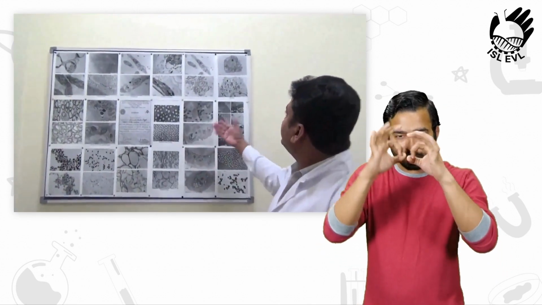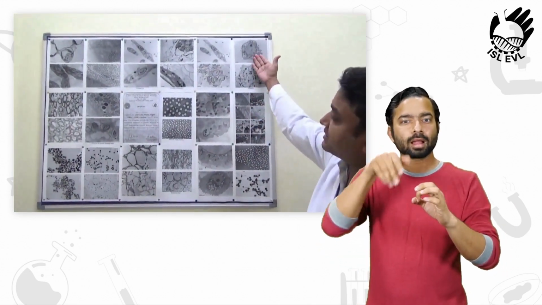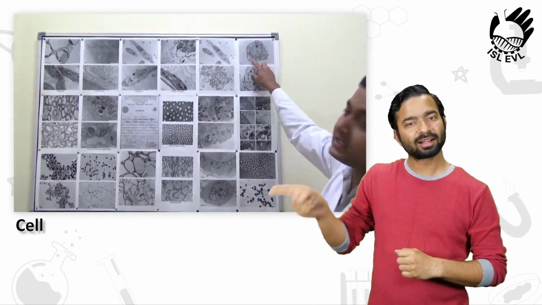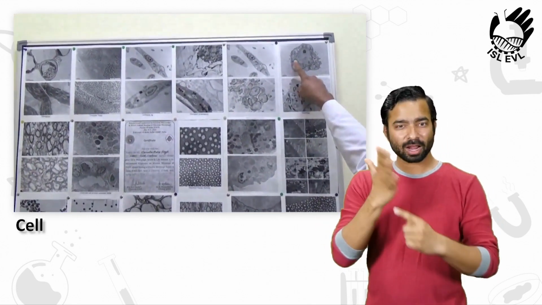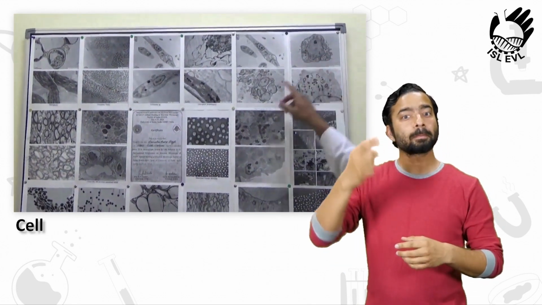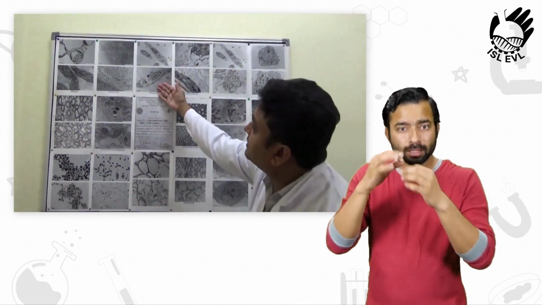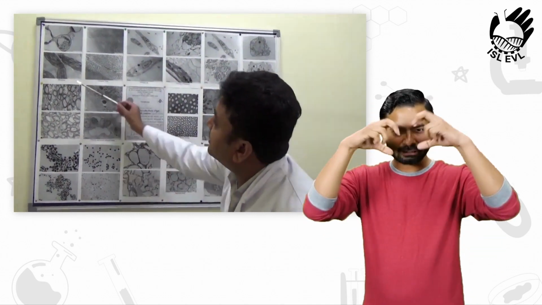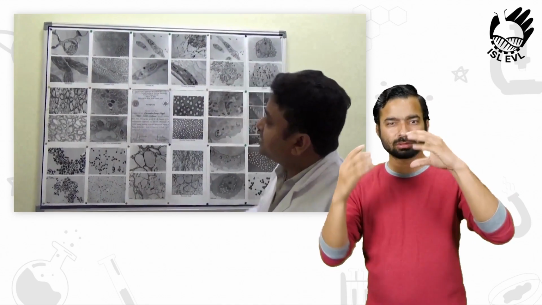These are the different types of samples. You can see this is the cell line. We can see the ultrastructure, the internal structure of the cell lines. This is the Leishmania sample. This is the sample of the chloroplast. This is the brain myelin sample. This is the kidney glomerulus sample.